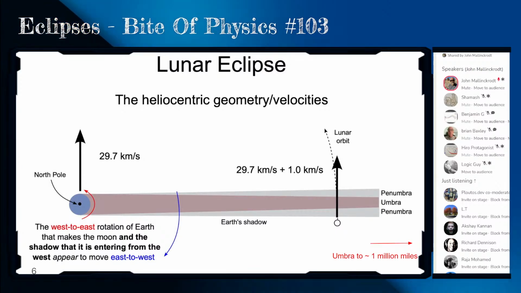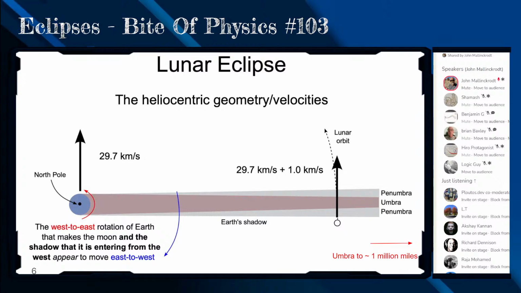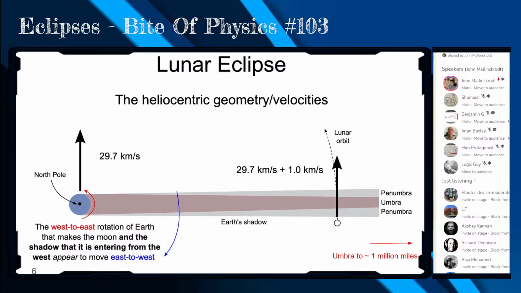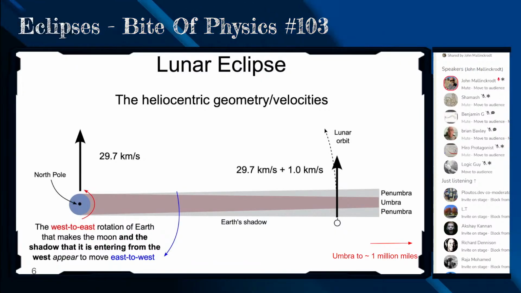But on this side of the Earth, it's going an additional 1 kilometer per second because of its motion relative to the Earth. So I'm showing that just as 29.7 plus 1 kilometer per second. And the 1 is the important part, because if you take that 10,000 mile diameter and turn that into kilometers, you get maybe 16,000 kilometers.